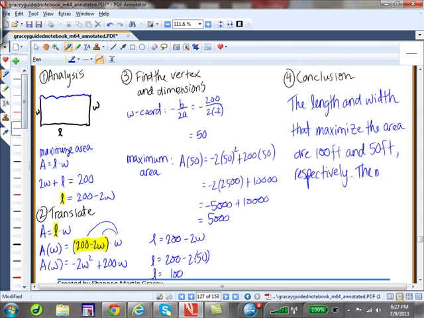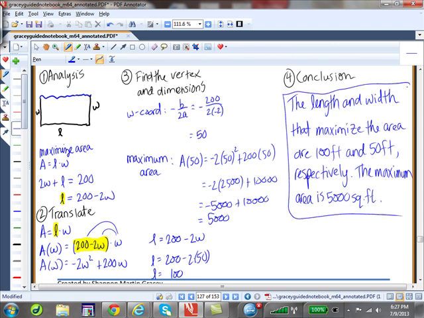And the maximum area is 5,000 square feet. And we are done for today.